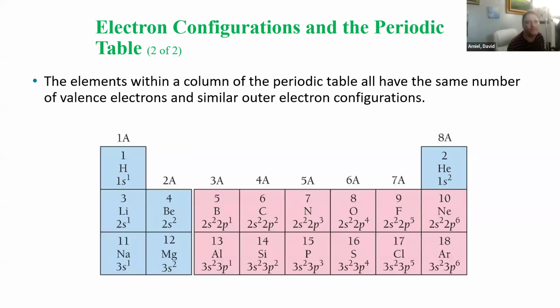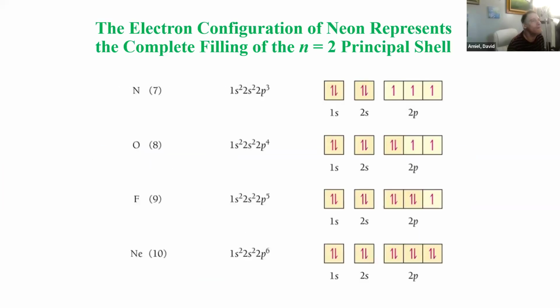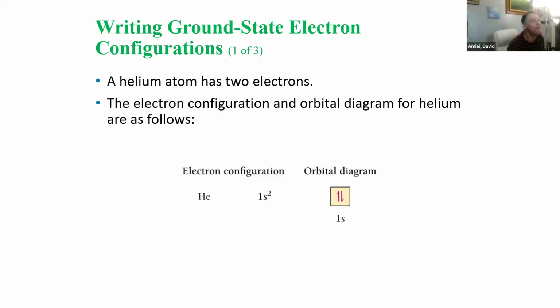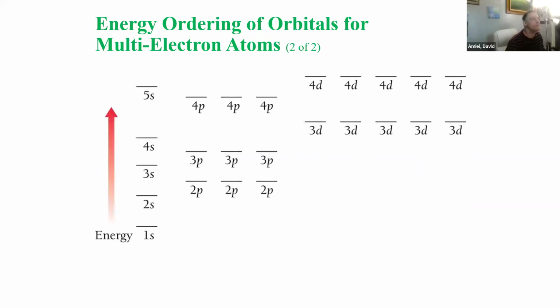Okay. Here it is. This is the magic table: 1s, 2s, 2p, 3s, 3p, 4s, 3d. I had it right. And then we get to the 4p.